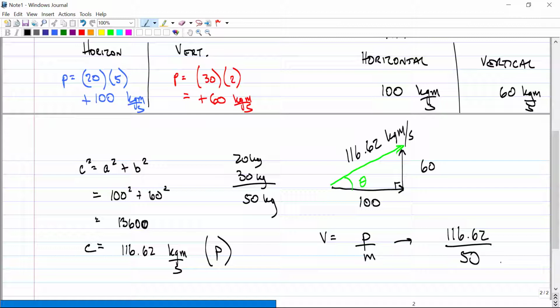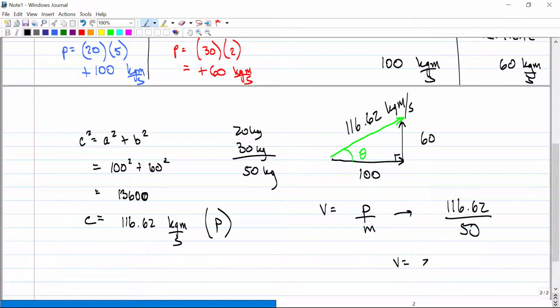Then 116.62 divided by 50 is going to equal a velocity of 2.33 meters per second. So that object, once it's collided, that single object that goes off in one direction is moving at 2.33 meters per second. So there's my second piece of the puzzle that I figured out.